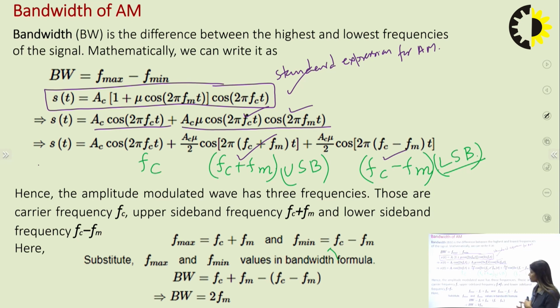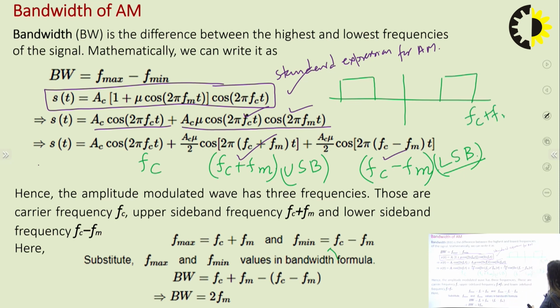Just always remember these three frequency components. Here I would like to draw it: this is my LSB, this is my USB, and this is FC plus FM. This is minus of FC minus FM, and this is minus of FC plus FM.